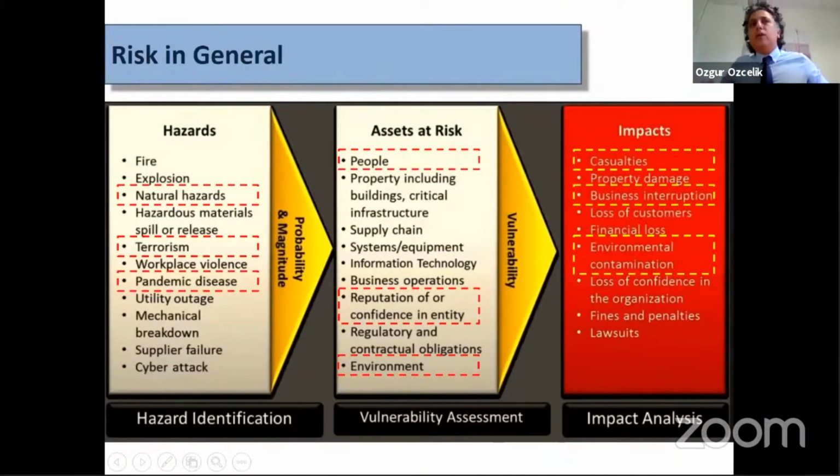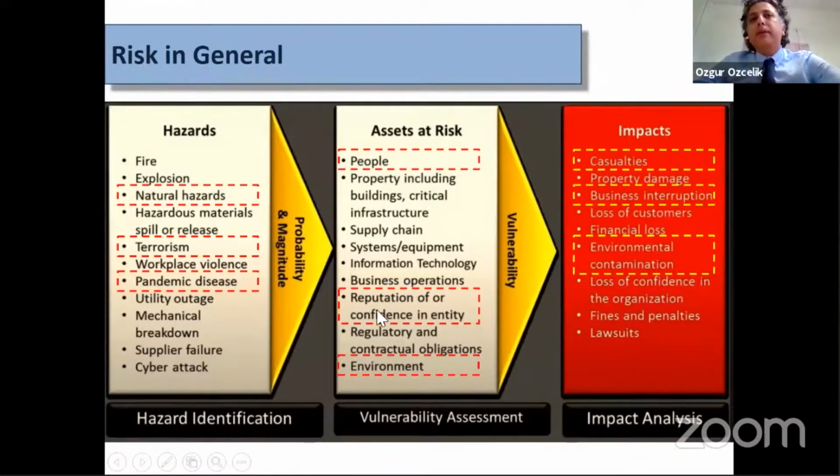So let's look at what is risk, okay? Risk has some elements. First, you need to identify a hazard, and that hazard can be natural or anthropic hazard. Then, what is at risk due to that hazard?